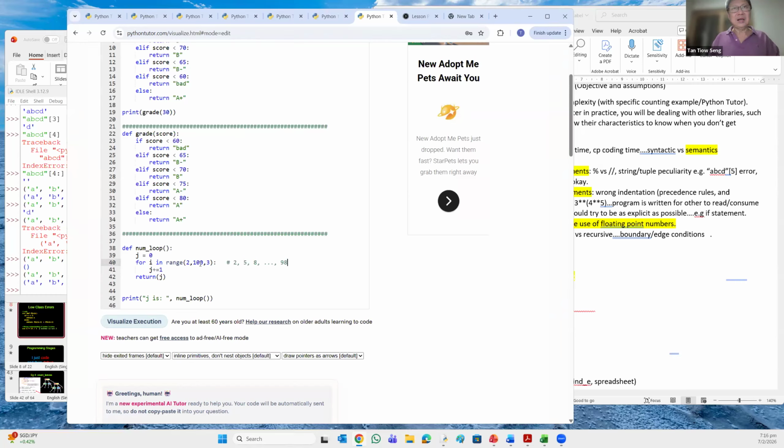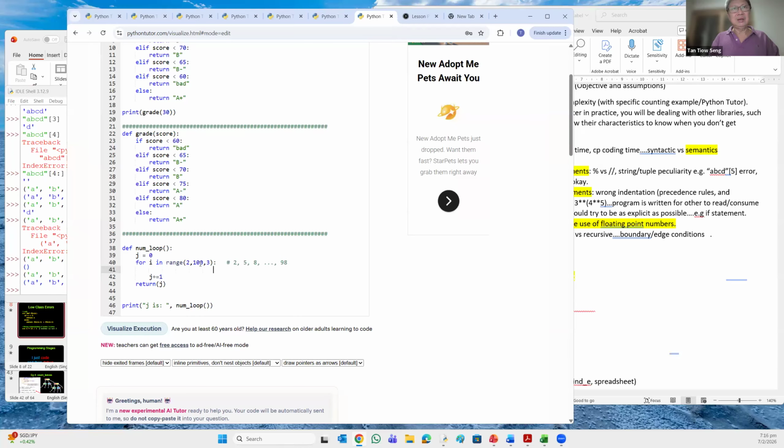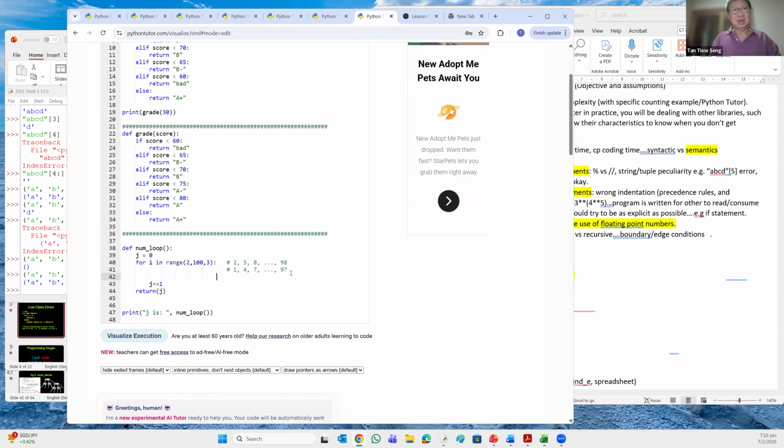So if you need to analyze it by hand, you can map them: 2 becomes 1, 5 becomes 4, 8 becomes 7. So the last number is 97. All right, so from 1, 4, 7 until 97, how many of them are there? It is quite easy: you just take 97 minus 1.